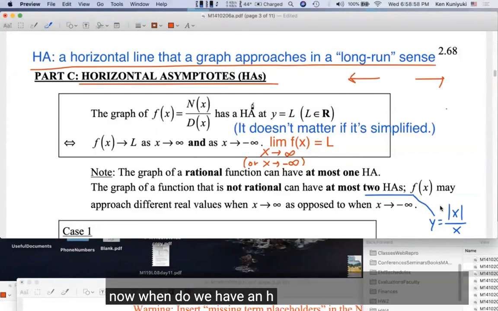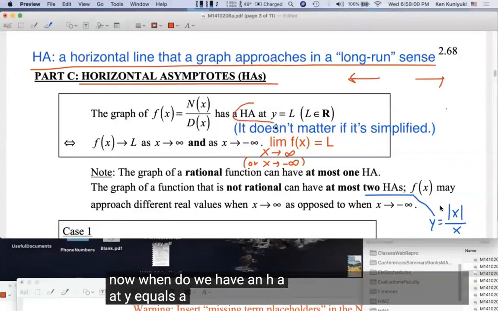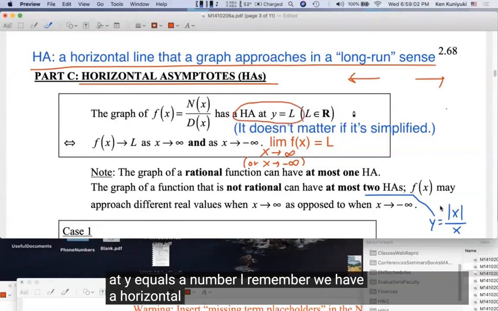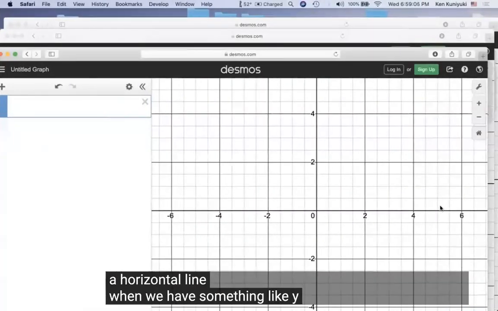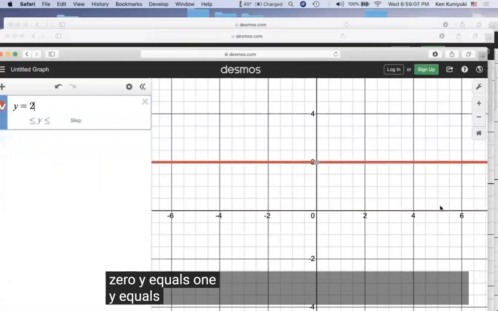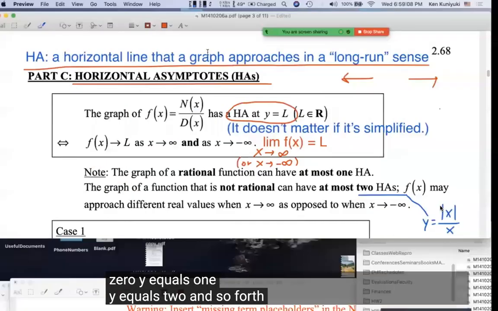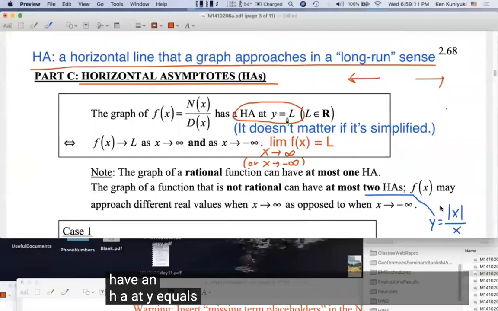Now, when do we have an HA at y equals a number, L? Remember, we have a horizontal line when we have something like y equals 0, y equals 1, y equals 2, and so forth. So when do we have an HA at y equals a real number, L?